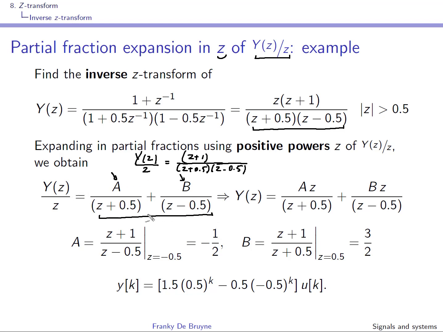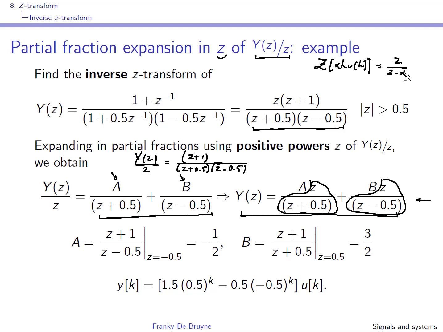Once you have done the partial fraction expansion, you can see that y of z will give this expression here, and these are transforms that are well known. This is why you work with y of z divided by z. When you multiply by z, you have something that is easy to work with. Remember that the z transform of alpha to the power k times uk is z over z minus alpha.